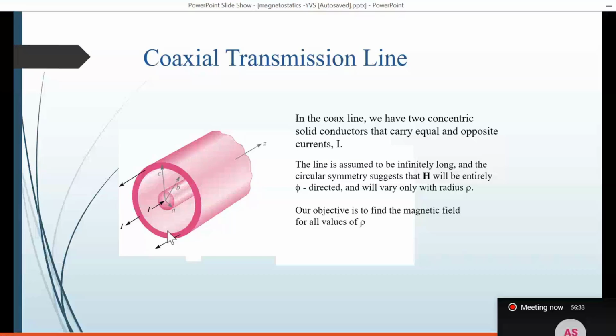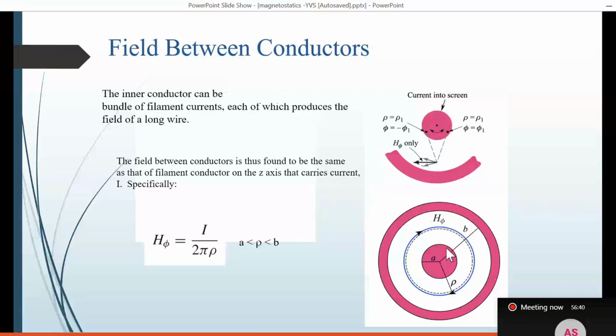What are the different values of this intensity H by applying Ampere's law? We are going to see. See the figure below. The middle conductor may be a bundle of conductors. Depending upon which conductor you choose, the phi component will be different because their radius is different. So you will have different H phi values.